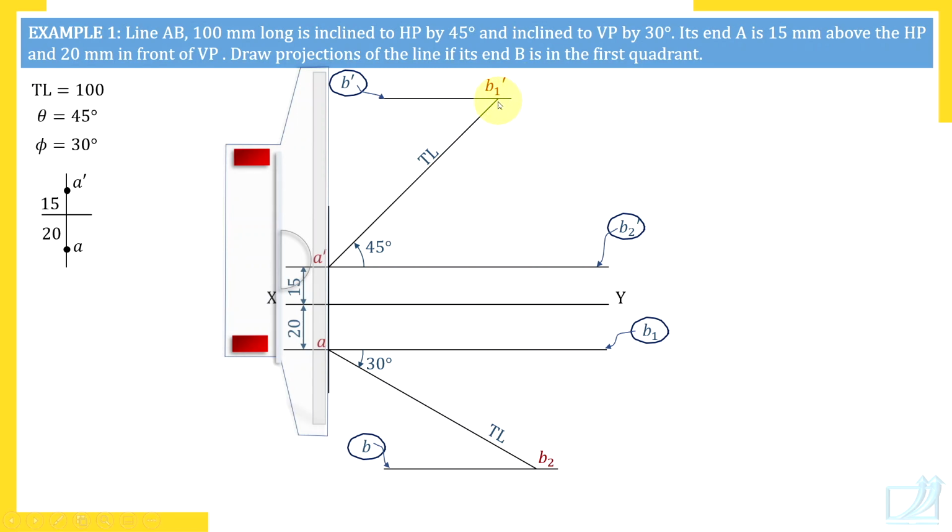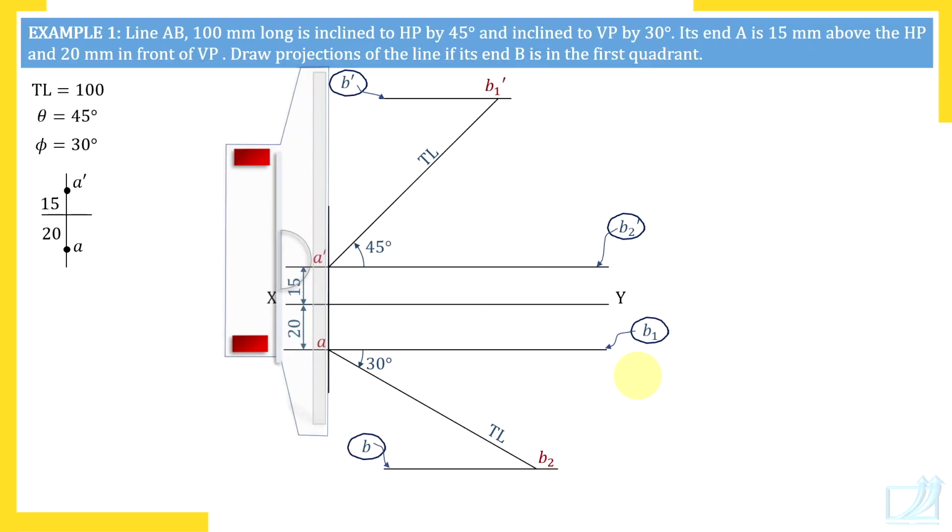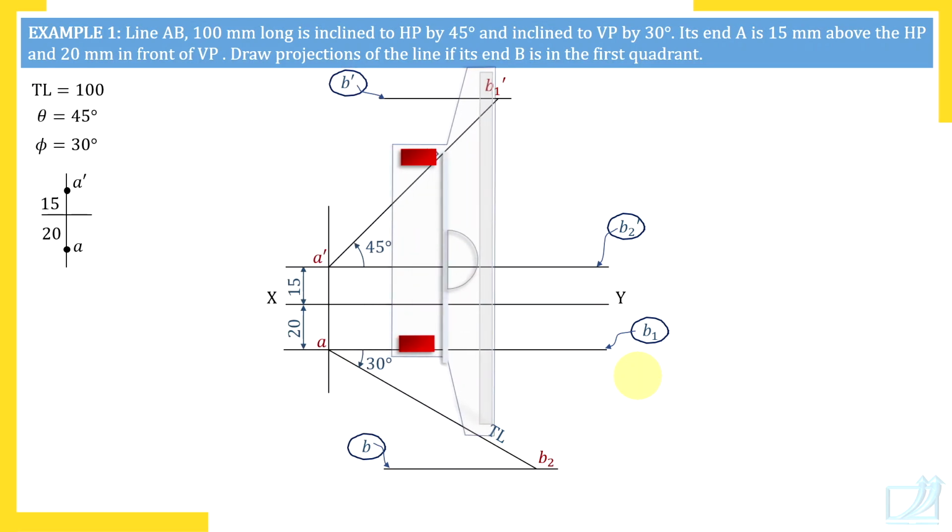But when you draw a vertical line through B1 dash, you must know that on that vertical line, it will be point B1. Of course, two views of a point lie on the same projector. So on the same line, you will get the top view of that point, that is B1. So draw a vertical line through B1 dash, and here you will get B1.